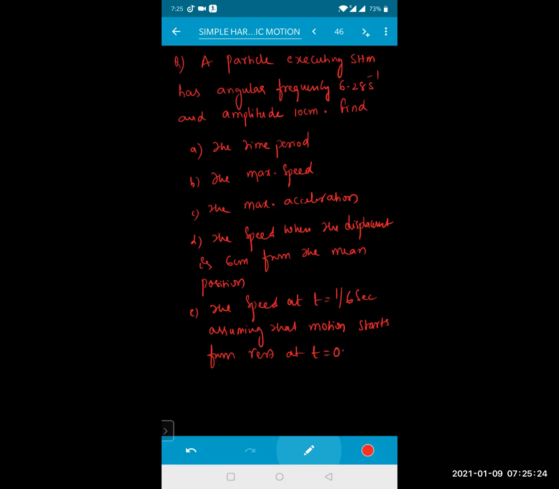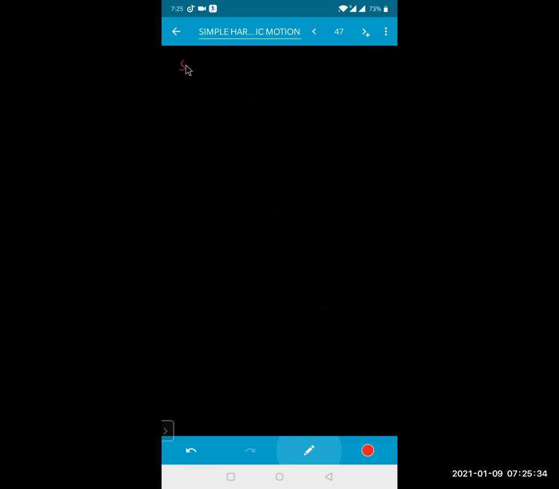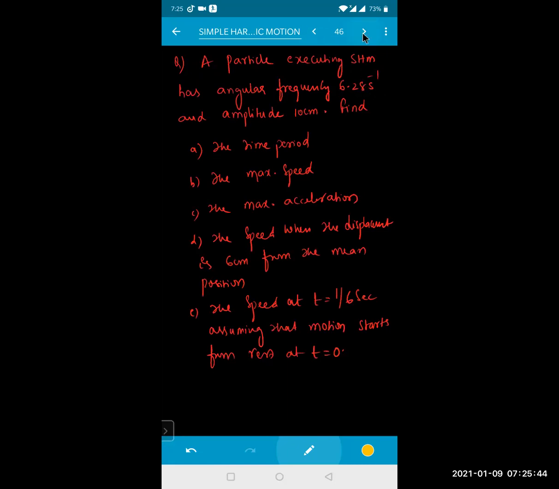See what data is given for me, beta. A particle executing SHM has an angular frequency of 6.28. What do you mean by angular frequency, beta? How do you represent an angular frequency? Omega. Omega value is 6.28 per second and it has an amplitude of 10 centimeters.